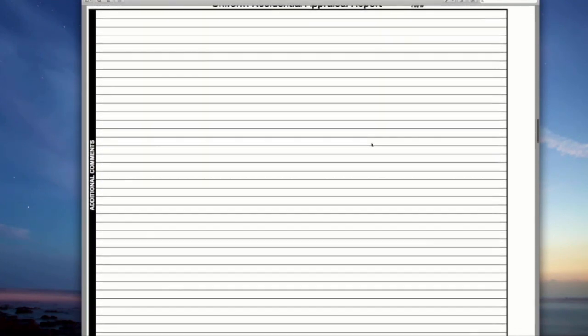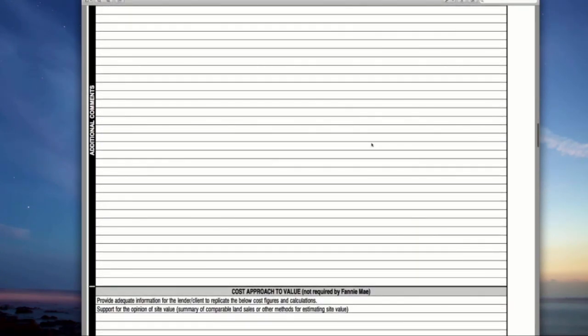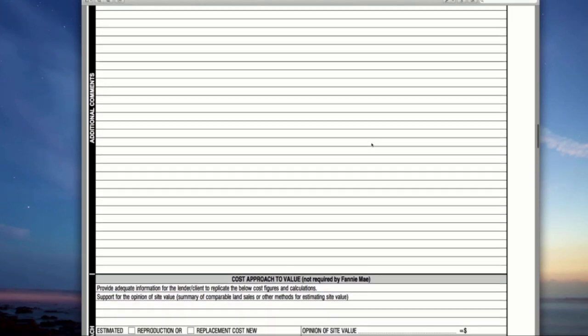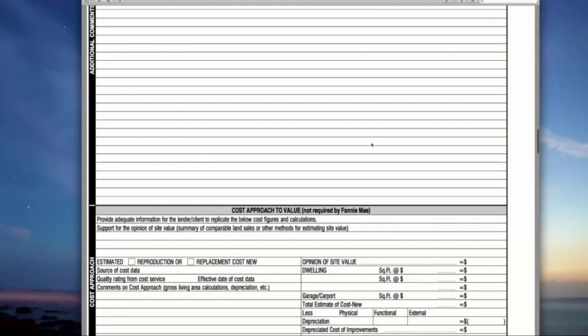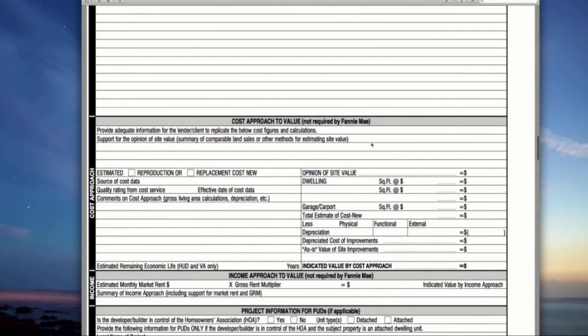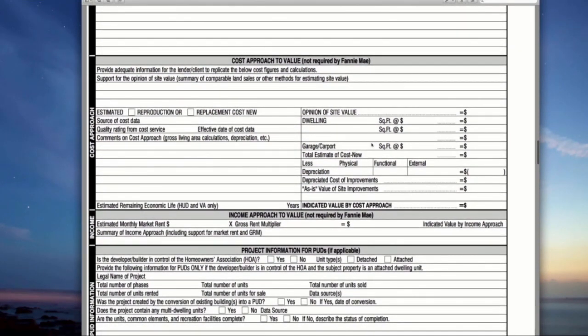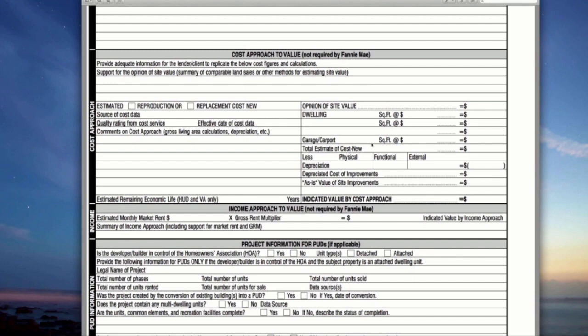Cost approach is pretty self-explanatory. It's just a method the appraiser uses to show the reader here's what the land value is. Here's what it would cost to replace the structure and garage and fences and so forth. Here's what the depreciation is.